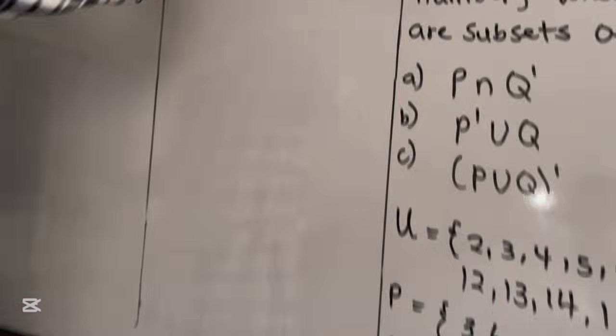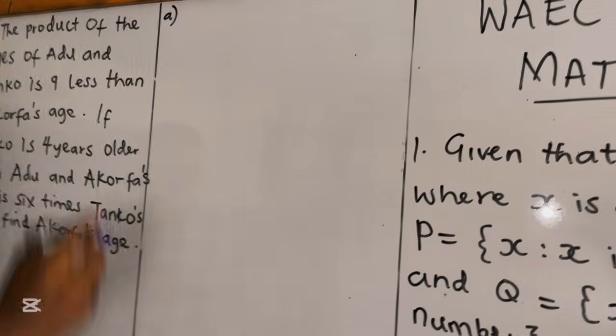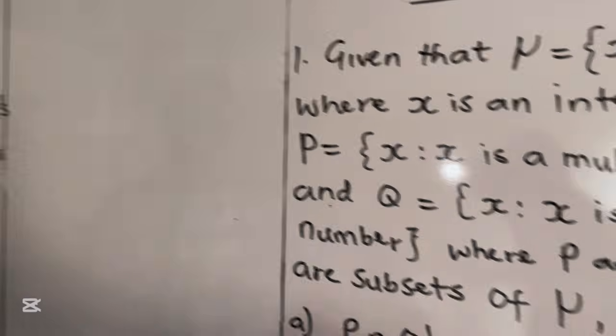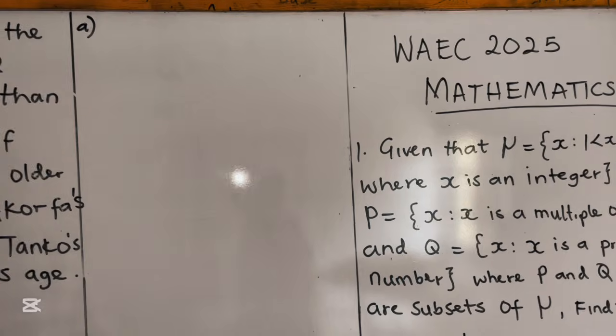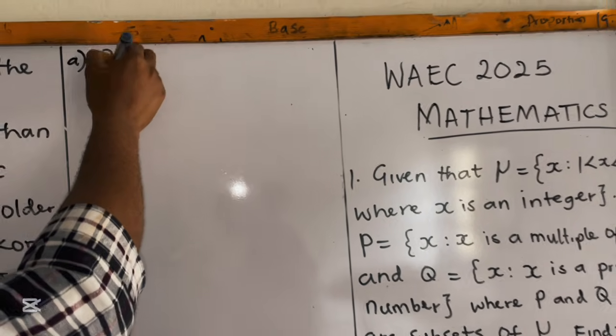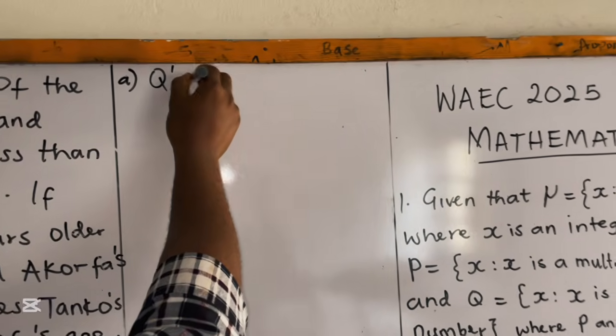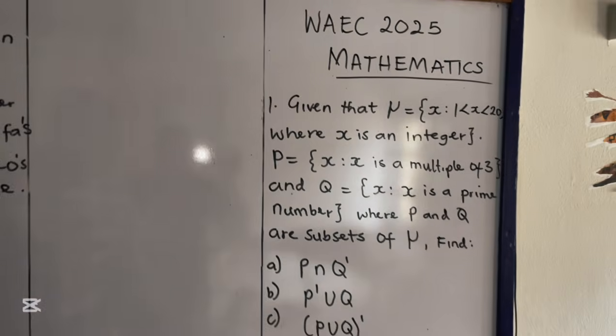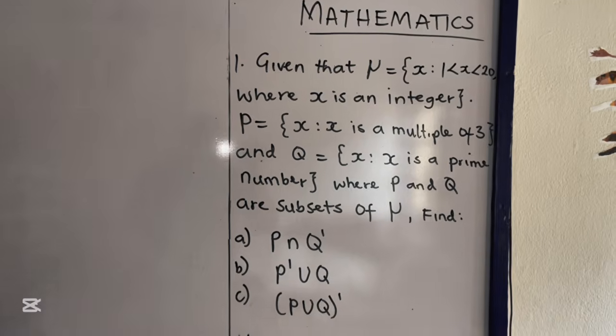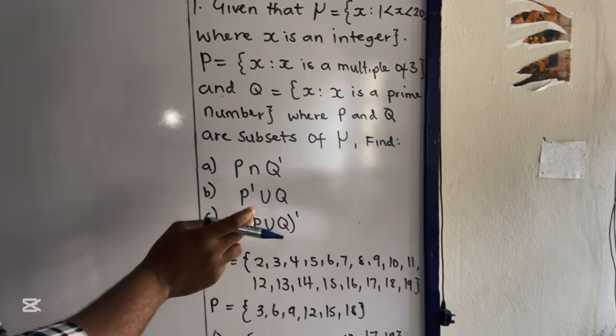So now the first question is asking us to find P intersection Q prime. Alright, so in this case, I will need to find Q prime first. So Q is 2, 3, 5, 7, 11, 13, 17, and 19.